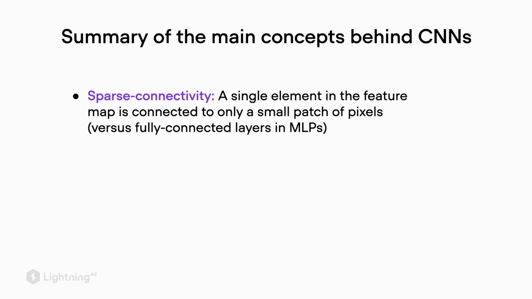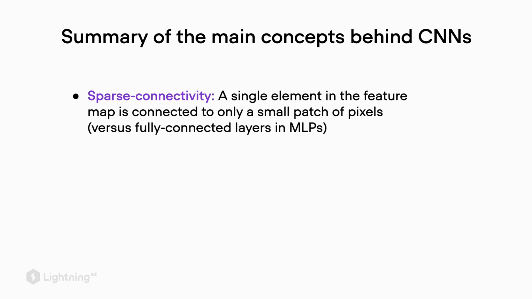So first, let's recap the main ideas behind CNNs. One of the key ideas behind CNNs is sparse connectivity. In fully connected networks, every unit in one layer is connected to all the units in the next layer. However, in a CNN, a single element in the feature map is connected to only a small patch of pixels. So we have sparse connectivity as opposed to full connectivity.